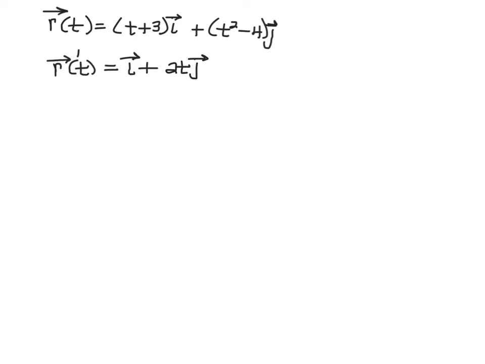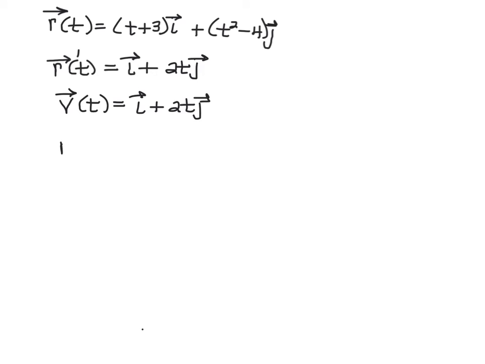So that's velocity. That's our velocity vector. So our velocity vector is i plus 2t j.